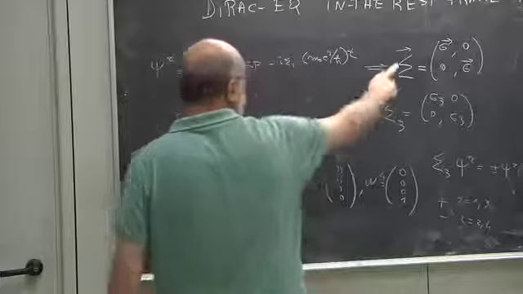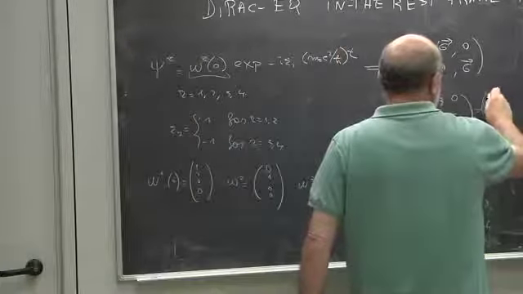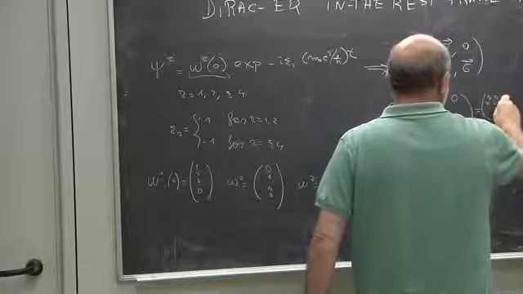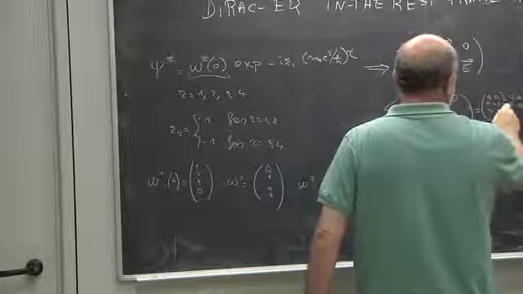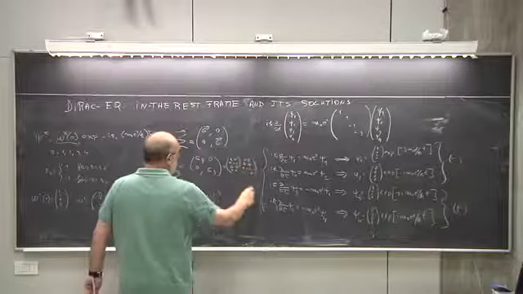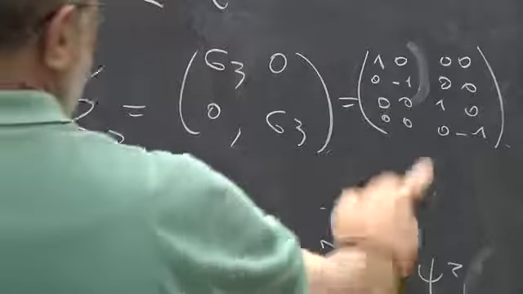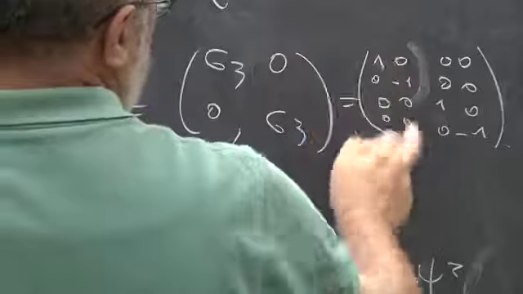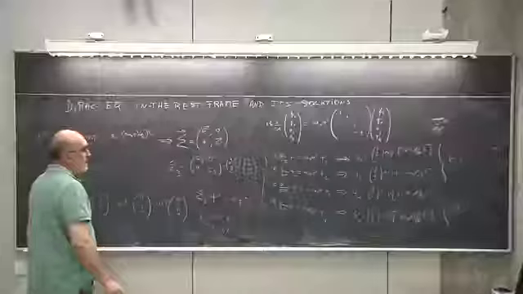And in fact, if you put that, sigma 3 is nothing else than 1, 0, 0, 0, 0, minus 1, 0, 0, 0, 0, 1, 0, 0, 0, 0, minus 1. And then you see that there is a plus for 1 and 3, and there is a minus for 2 and 4. Okay?